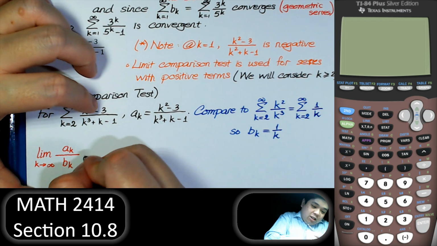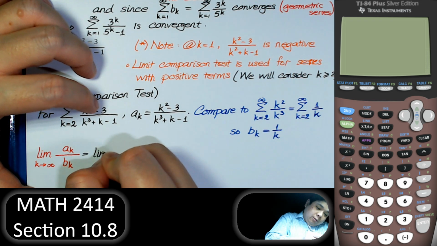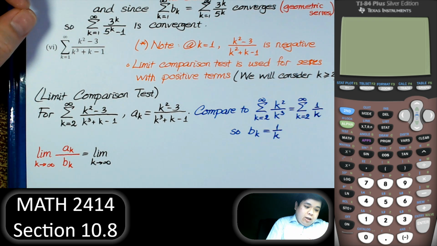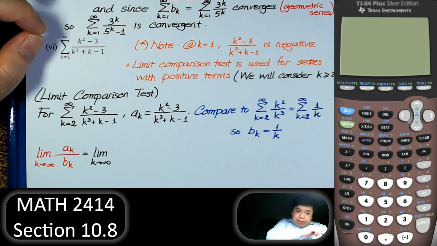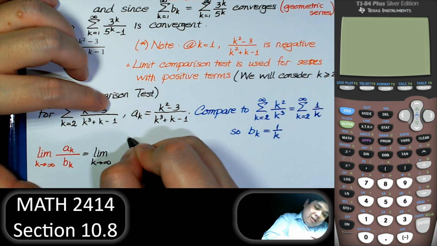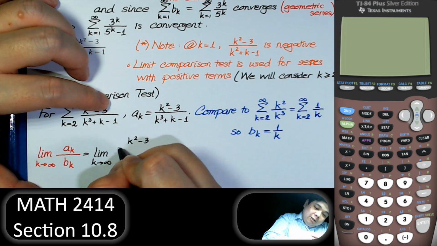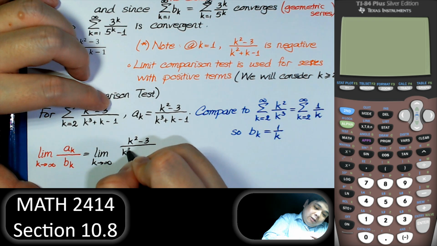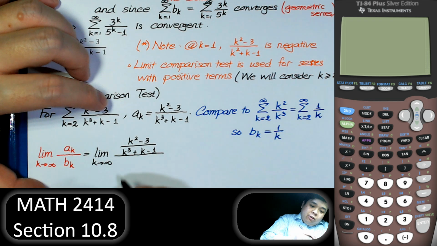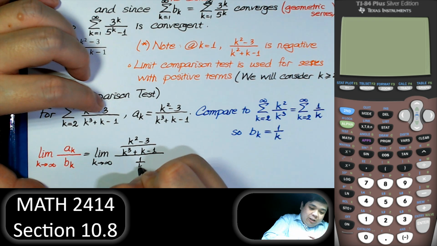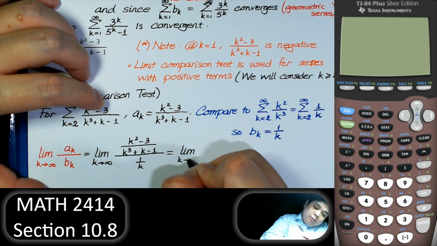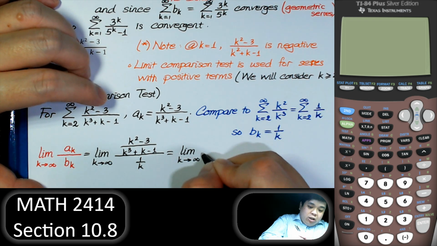Right, so we do that, check the ratio. a of k over b of k, multiply by the reciprocal.